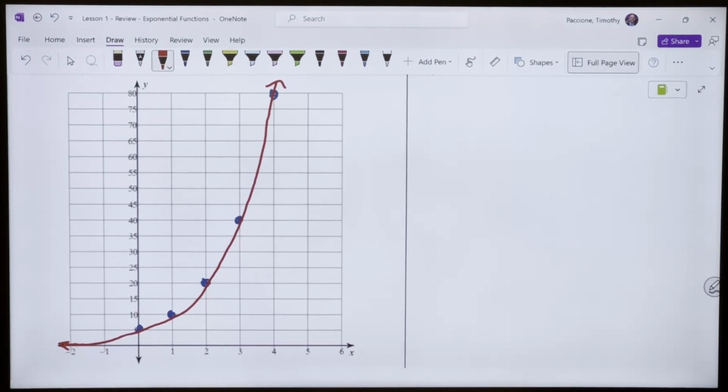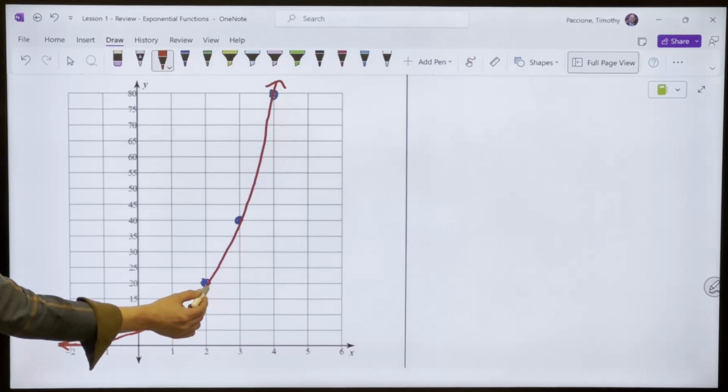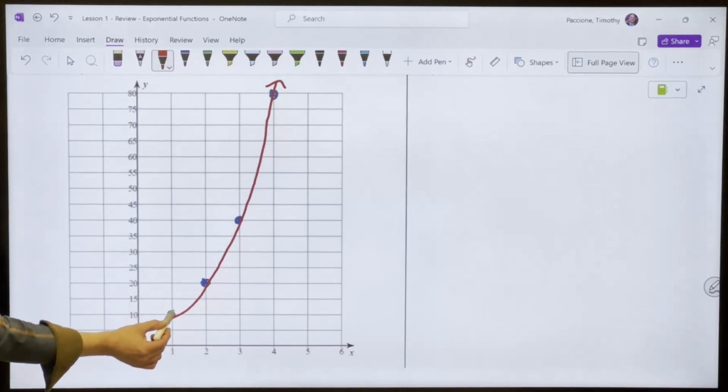When both terms are positive and you multiply or divide, the output will always be positive. Good. Even if it's super, super small, it's still not negative, right? Very common mistake that I see on a test or a quiz is people just keep going down, right? Think about it this way. How do we go backwards again?